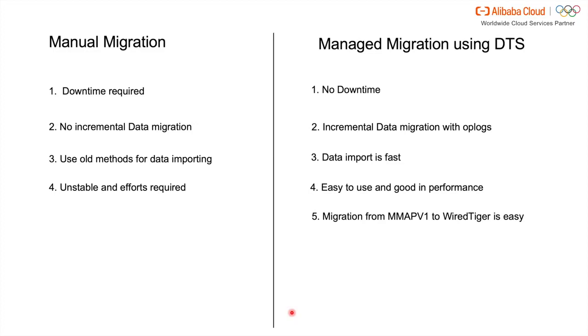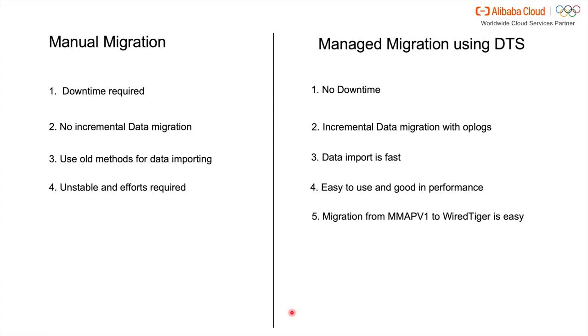But in DTS, the Data Transmission Service, you don't need to go through all of these things. Then, in manual migration, you cannot do incremental data migrations. For example, you need to create various replication topologies, and only then can you do it. But in DTS, it comes automatically that you can do incremental data migrations with oplogs. Then we have the old methods for data importing.